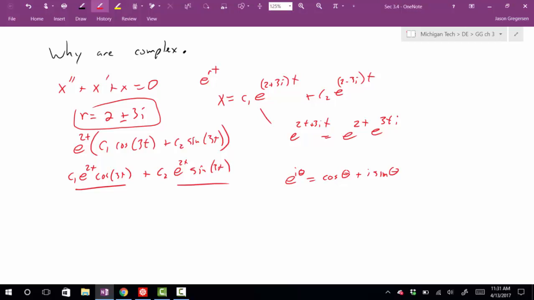Okay? Now, when I apply that here, I get e to the 2t, and then I apply that identity to my complex piece. And I get cosine of 3t plus i sine of 3t.